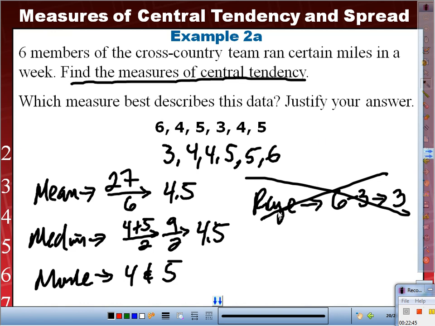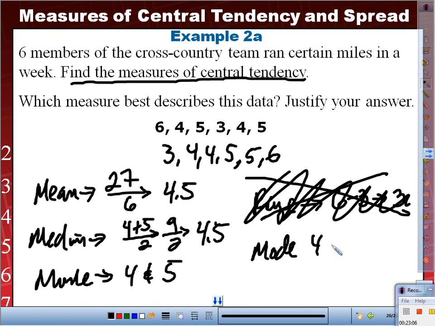Is this one part of the measures? Next, which measure best describes the data? Mode, 4 and 5. Justify your answer.